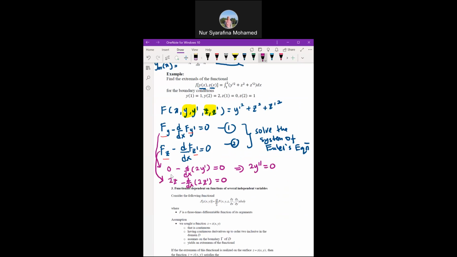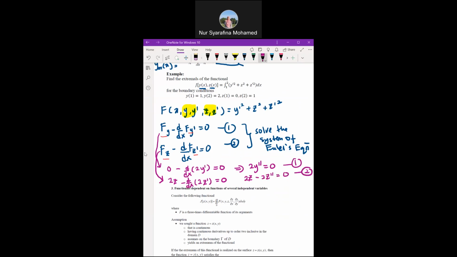So from here you substitute: 2z minus 2z double prime equals 0. So now you have the first equation of differential equation, and the second equation of differential equation.